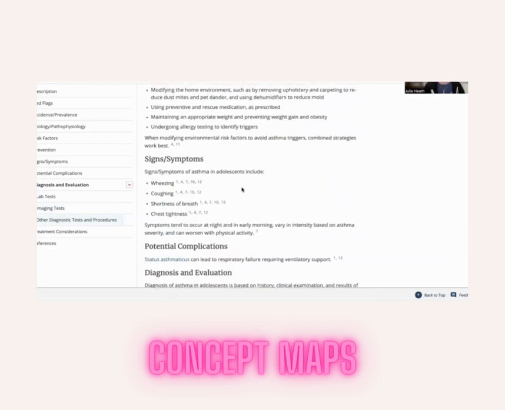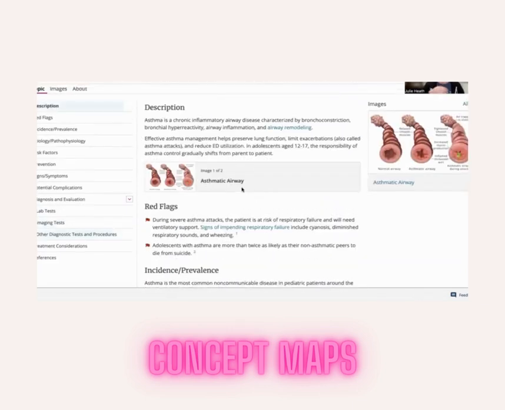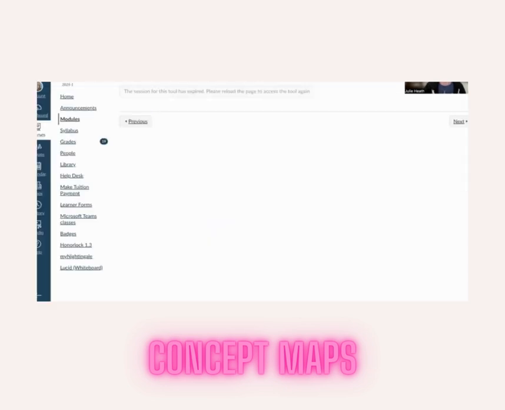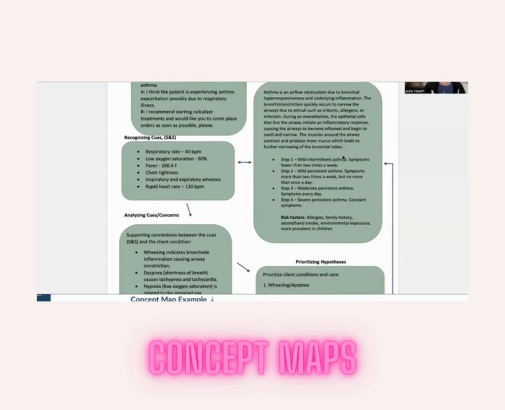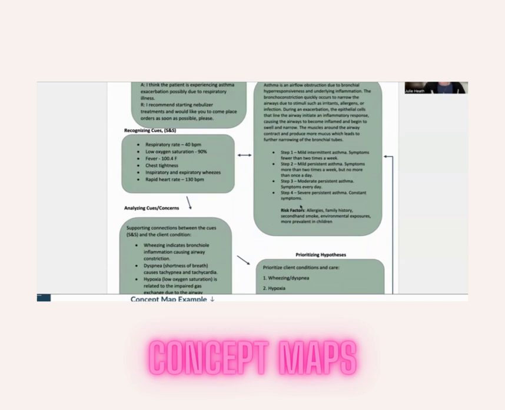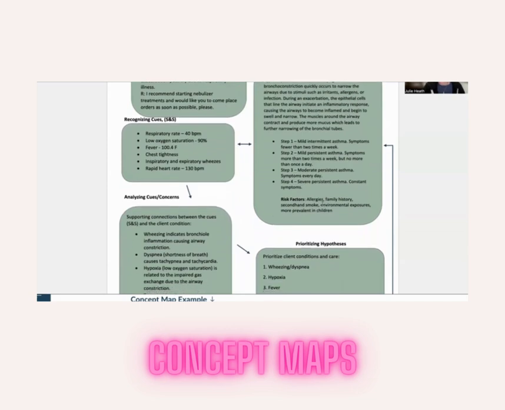Personally, this is my favorite to go to, because it gives you a lot of great information that you can use in your concept map. That's going to go in your disease process, physiology, pathophysiology, risk factors section. You want to list a lot of those things here. Okay.